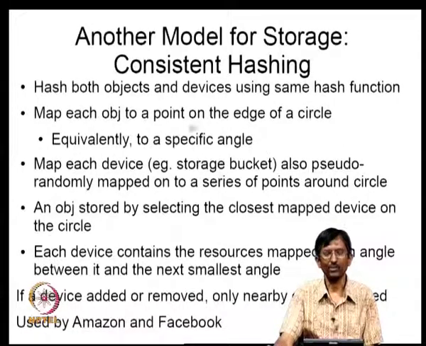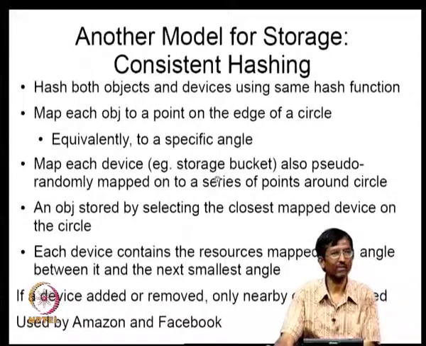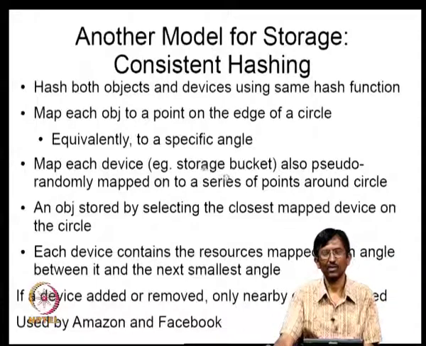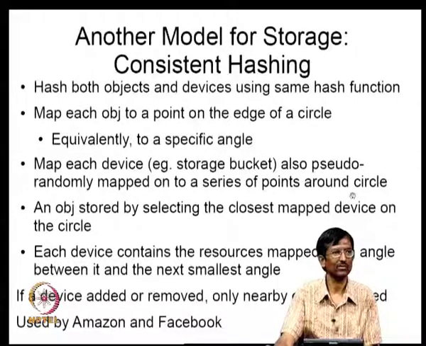You also map each device to become storage buckets. For example, we talked about S3, which has a notion of something called a storage bucket. You map those storage buckets also onto a series of points on the circle. Now the object is stored by selecting the closest mapped device on the circle.